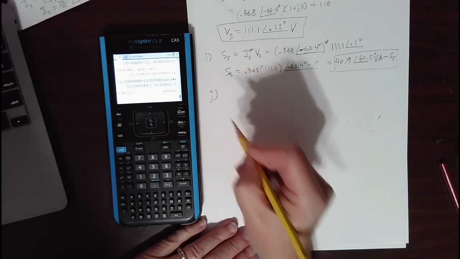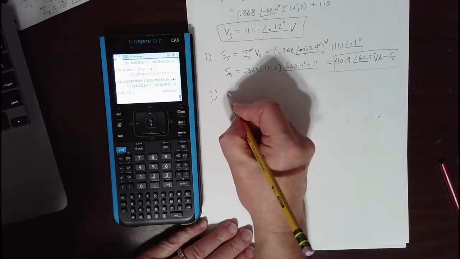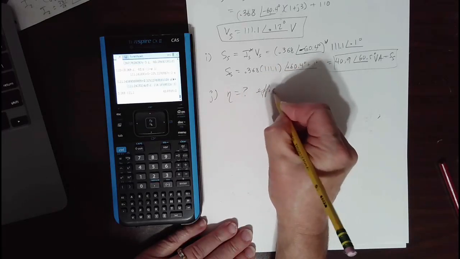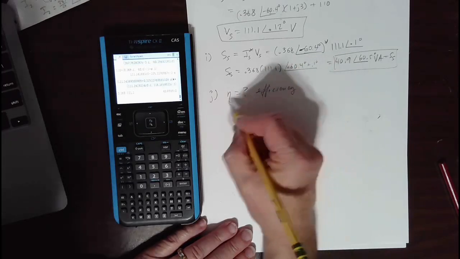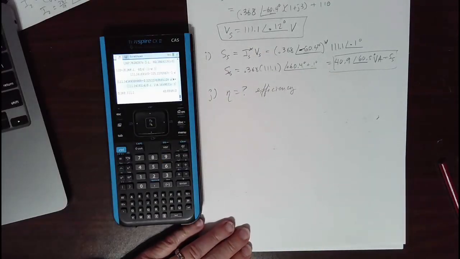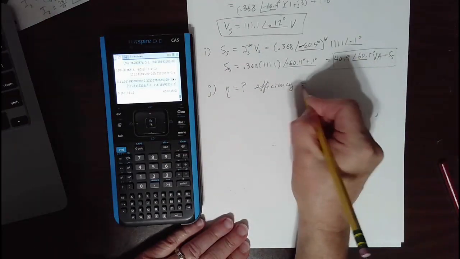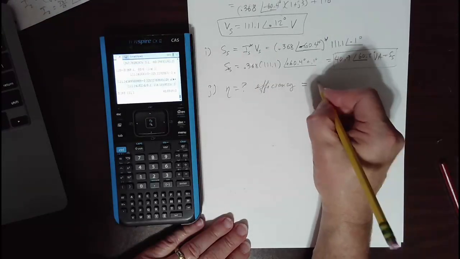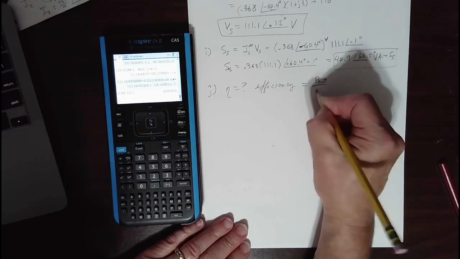Now J. It says, what is the efficiency? Efficiency is usually the Greek letter eta. Remember, we can do it with energy, but lots of times we do it with power, so it's power out over power in.